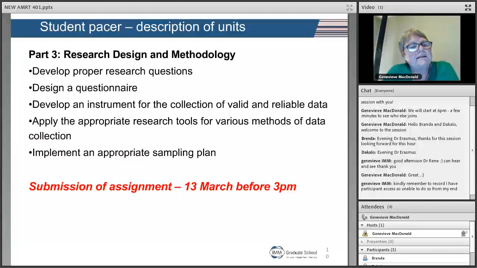Part 3 then of the student PACER is the research design and methodology. Develop the proper research questions.